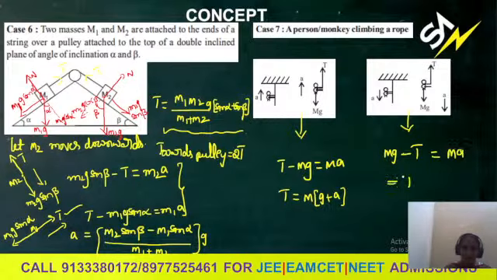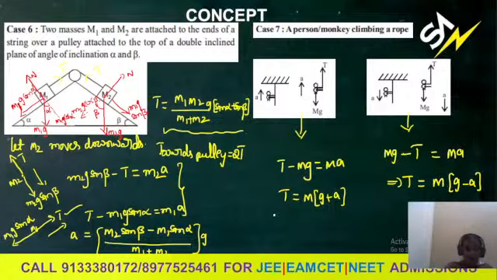In this case, we can write the tension as m into (g minus a). When he is climbing up the rope, tension along the rope is m into (g plus a). Climbing down, tension along the rope is m into (g minus a).